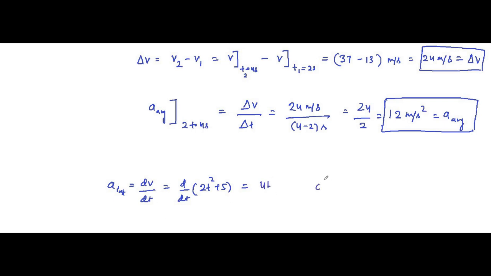Now instantaneous acceleration at t2 equals 4 seconds, we simply substitute t with 4, which is equal to 16 meters per second square, 4 into 4, 16 meters per second square.